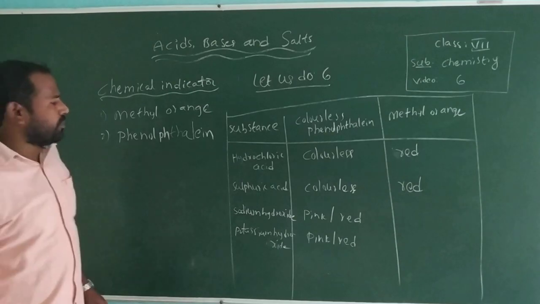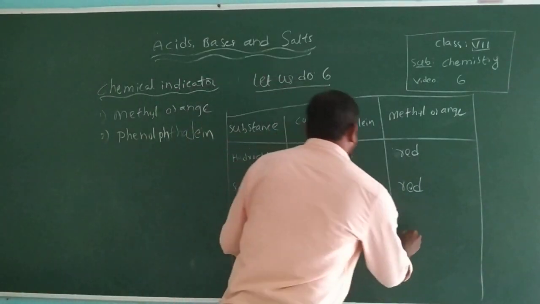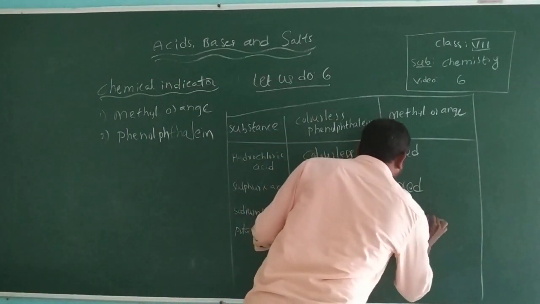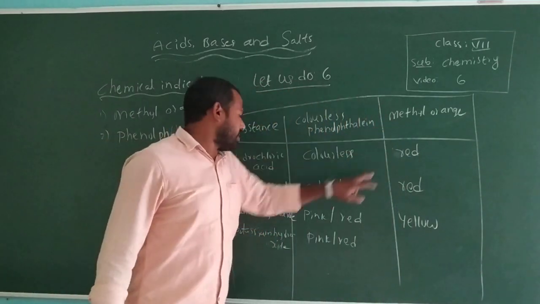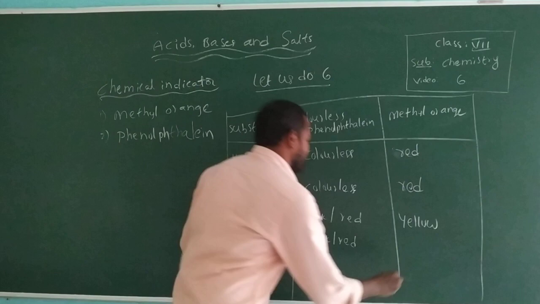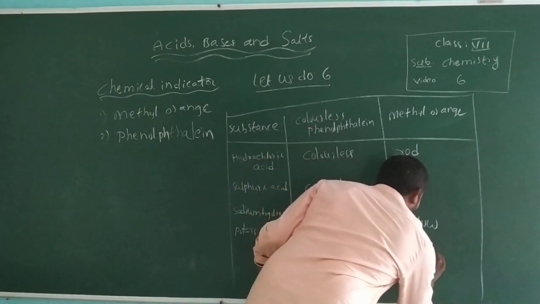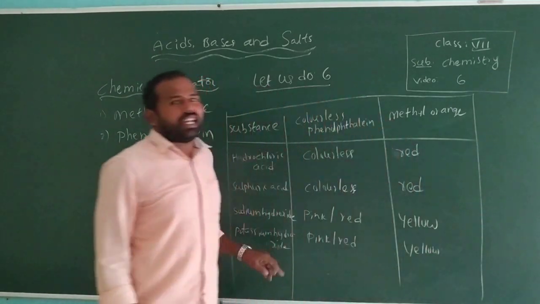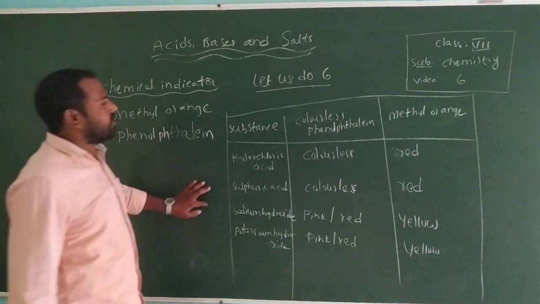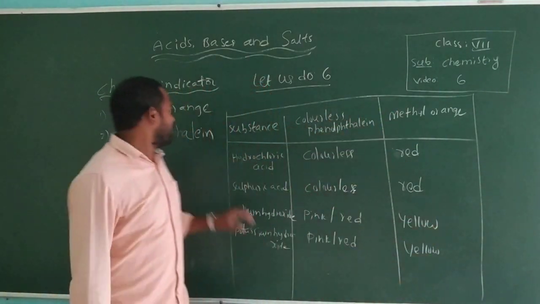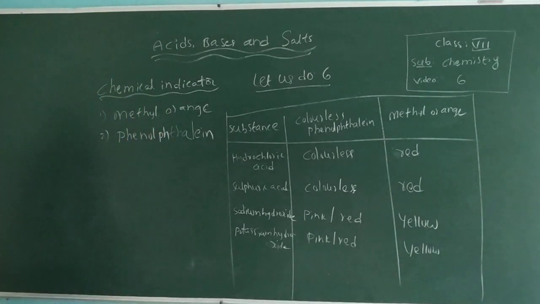If you add methyl orange to sodium hydroxide, it changes into yellow color. In the same way, if you add methyl orange to potassium hydroxide, it changes to yellow color. These are the color changes when you test these samples with phenolphthalein and methyl orange, the two chemical indicators.